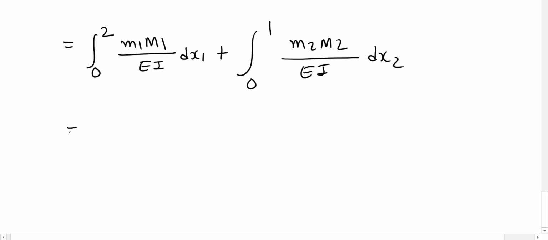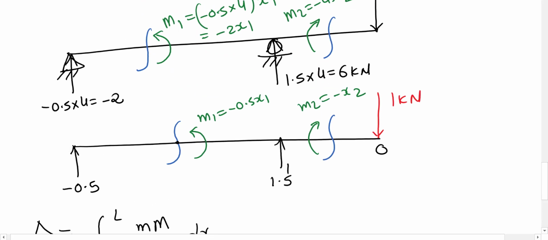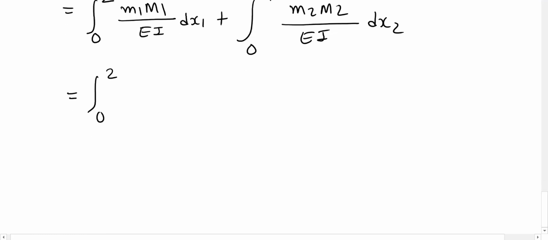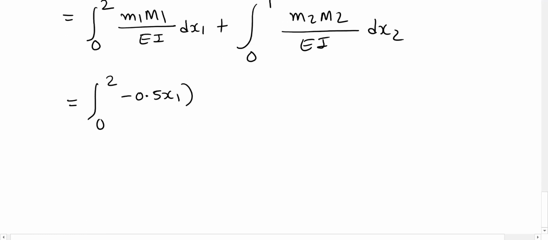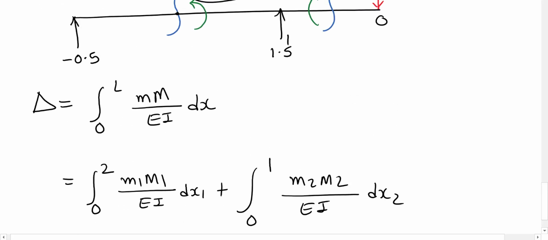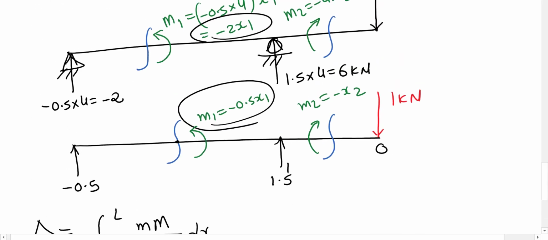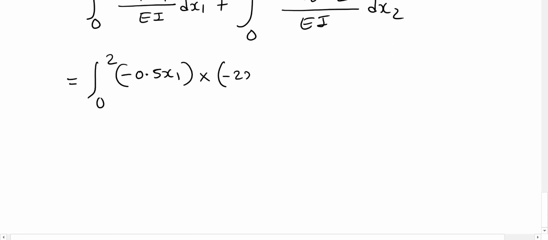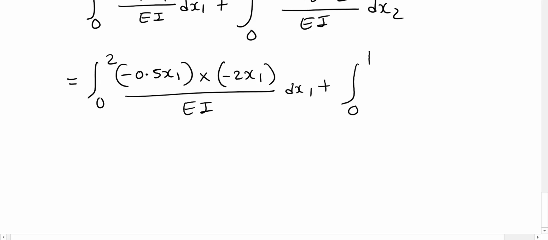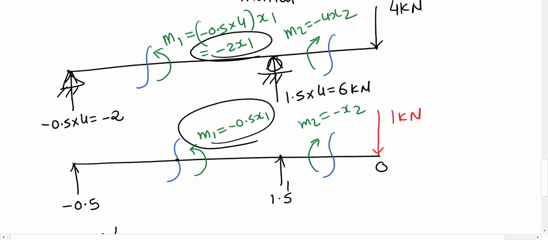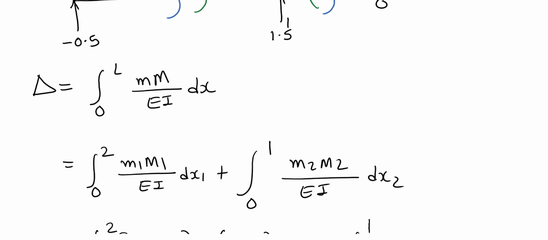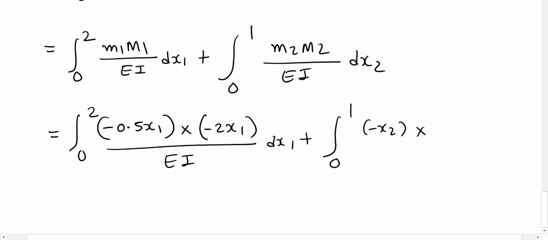Now let's substitute the values. From 0 to 2, small m1 is minus 0.5 x1, capital M1 is minus 2 x1, over EI dx1, plus from 0 to 1, small m2 is minus x2, and capital M2 is minus 4 x2, over EI dx2.